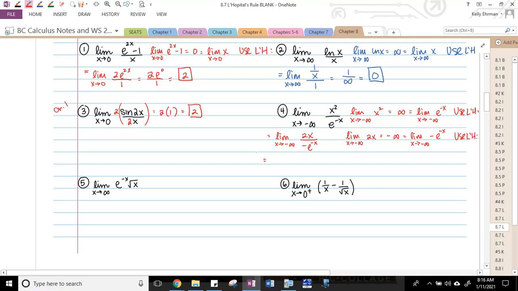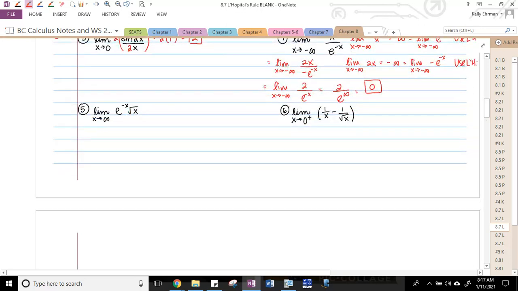Then that is equal to the derivative of 2x, so the limit as x approaches negative infinity of 2 over, this gets back to e to the negative x. Try direct substitution again. Well, this is good because we get 2 over, when you're plugging negative infinity into negative x, you get e to the infinity. 2 divided by a huge number is practically 0. All right, so that one required 2 rounds of L'Hopital's rule.